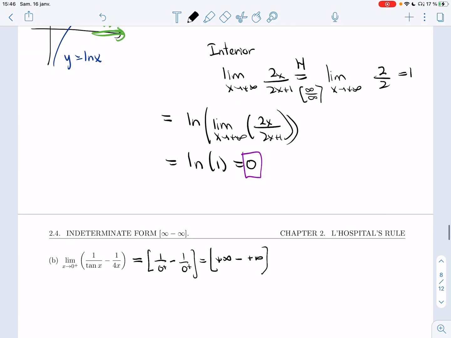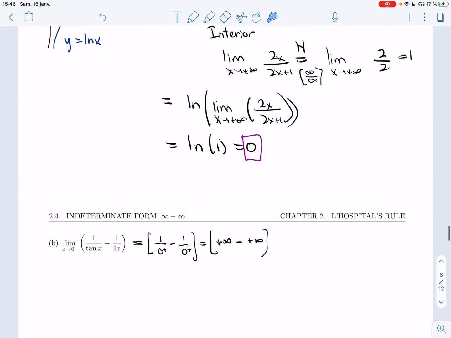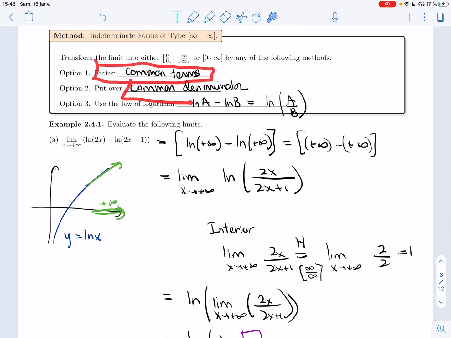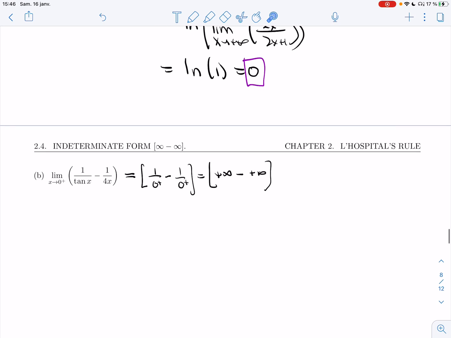All right, so in this section, we're told that we could use different options to put them together. I could factor common terms, don't have any. I could put over a common denominator, so I'm going to do that. I don't have any logs either, so that's the only option I have. That's part of the reason I left it as 1 over tan x. Otherwise, you'd have to work a tiny bit harder, and it'd be a harder problem if I wrote it as cotan here.